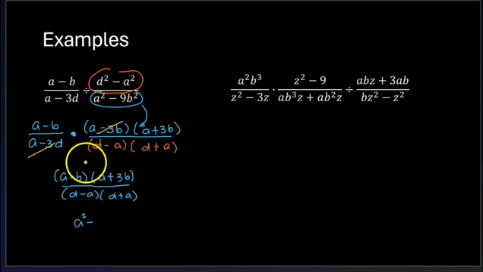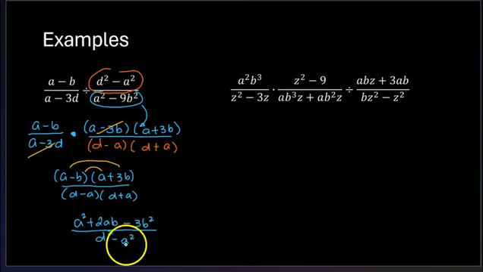You can do the FOIL here, inner and outer. We simplify. So this is 3 and negative. So that's positive 2ab. If you can't do the FOIL, you can just do the long multiplication. Negative 3b squared over d squared minus a squared.